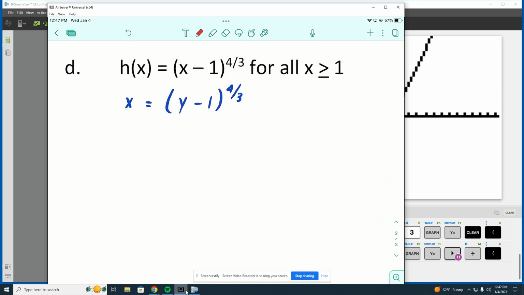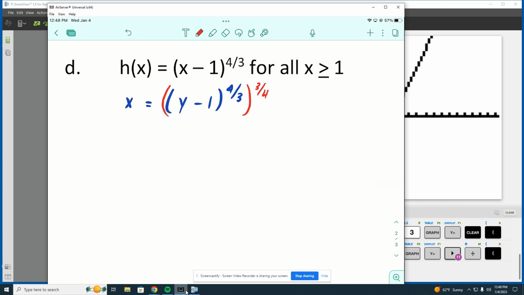How do you get rid of a fractional exponent? You raise it to the power of its reciprocal. It does include the denominator, but also its numerator. So you're going to raise this to the 3/4 power.